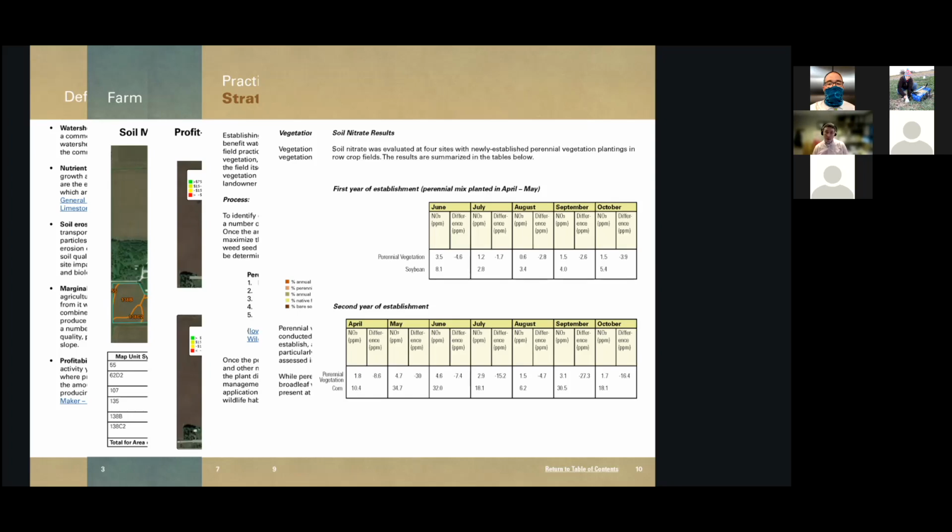But when you compare it with the vegetation of those perennial species that are not fertilized, and they're really taking up the mineralized soil nitrogen, there are very, very stark differences between the soil nitrates of the perennial versus the corn, right? So that corn soil nitrate peaks around 30 to 35 parts per million in May, June. By July and August, corn nitrogen uptake is really ramped up, and so it gets closer to those perennials, but still the perennials are much lower.